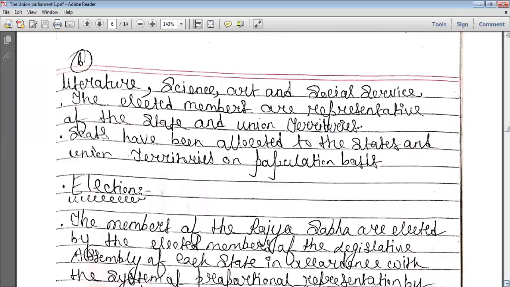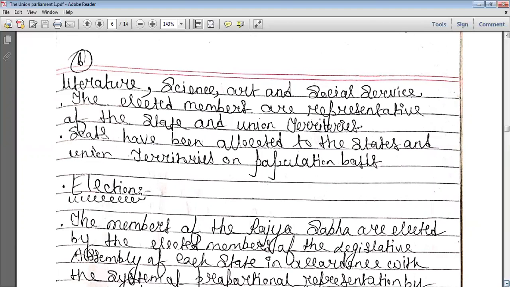So in that area where a person has full knowledge and skill to understand the subject, the President nominates from those fields, persons who have specialized knowledge and skill in art, literature, and science and can take decisions properly. That means the members are 12 in number and they are nominated by the President from among persons who have special knowledge and skill in that area.